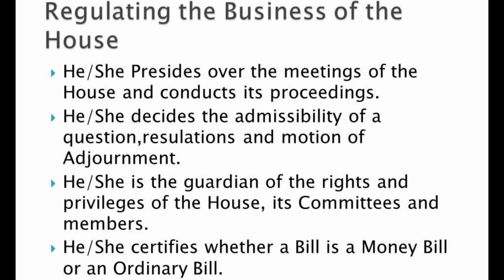And the Speaker is the guardian of the rights and privileges of the House. And one more point, he certifies whether a bill is a money bill or an ordinary bill. Then comes the disciplinary function.